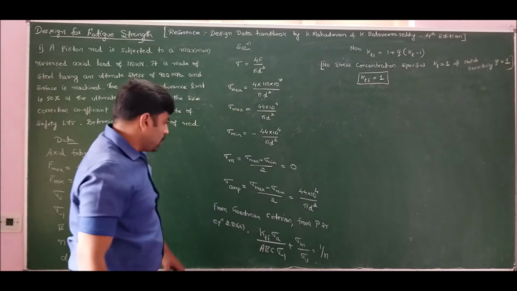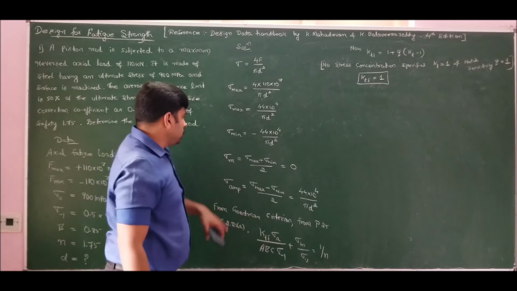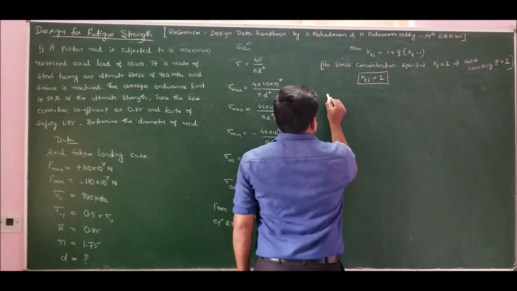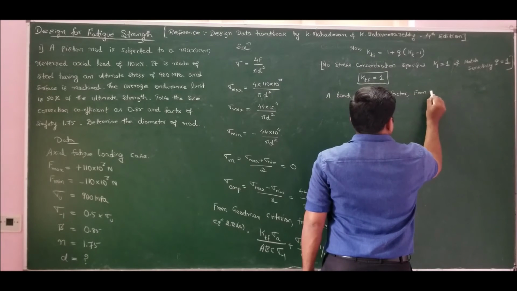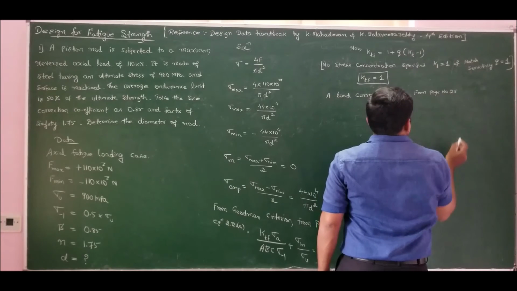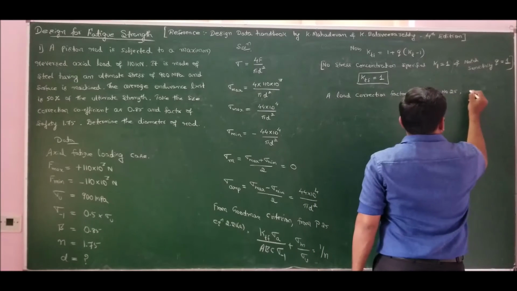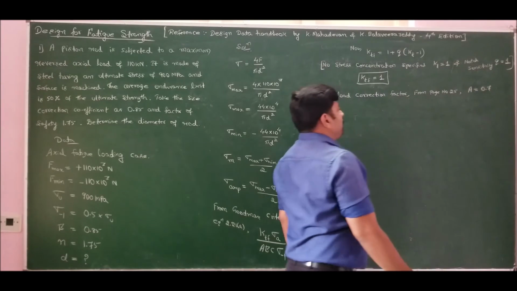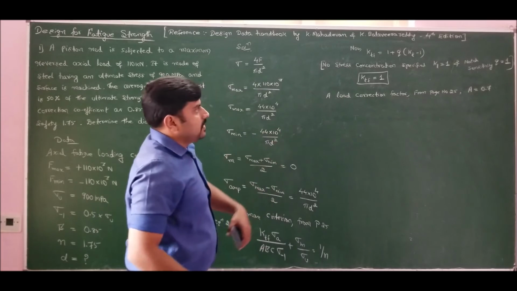Now coming to sigma amplitude, we have to calculate A, the load correction factor, from page number 25 of our design data handbook. The load correction factor A for axial loading can be taken as 0.7. So let's take the least value and design.